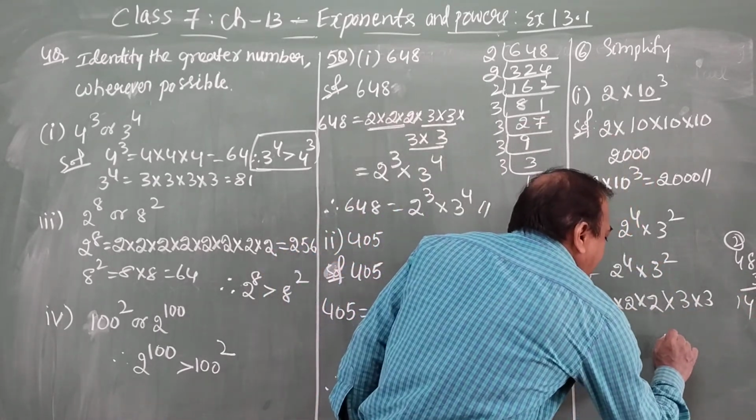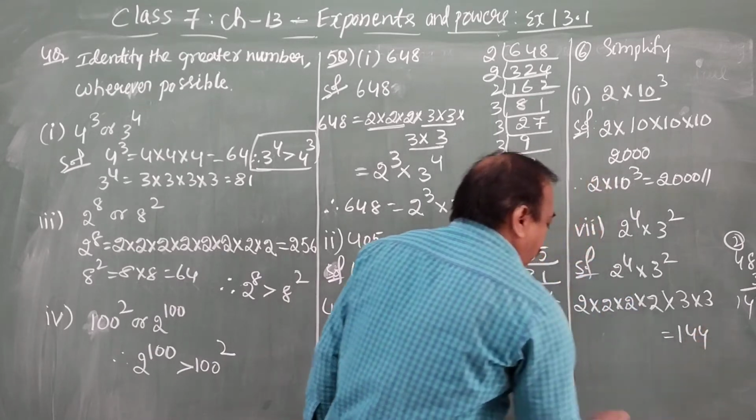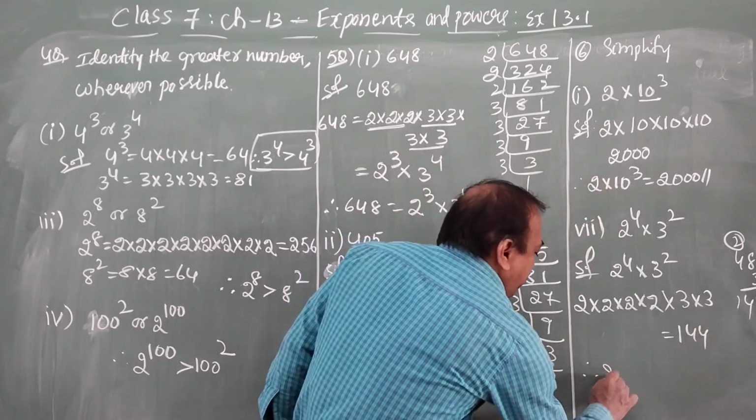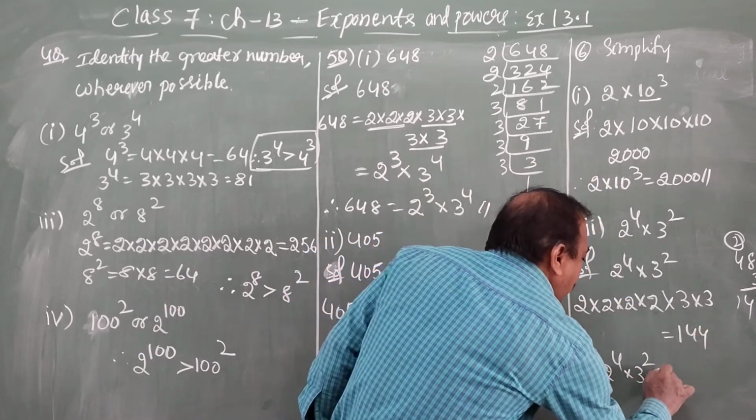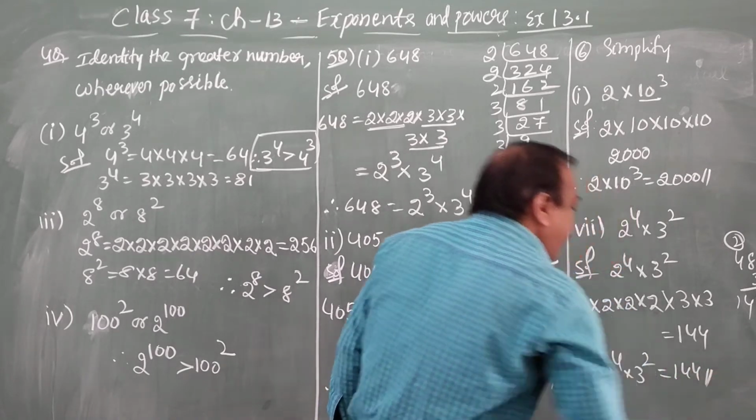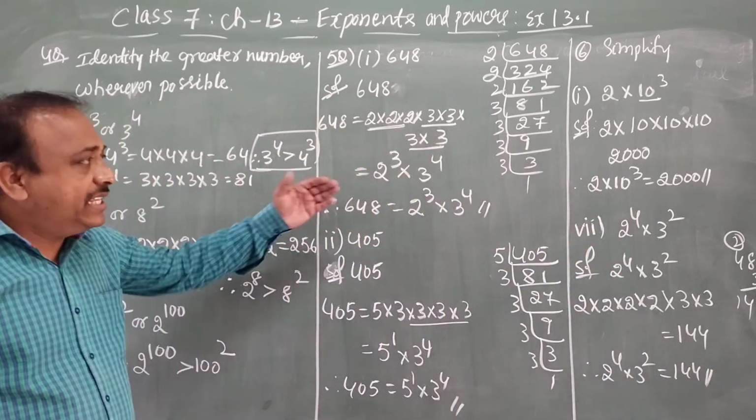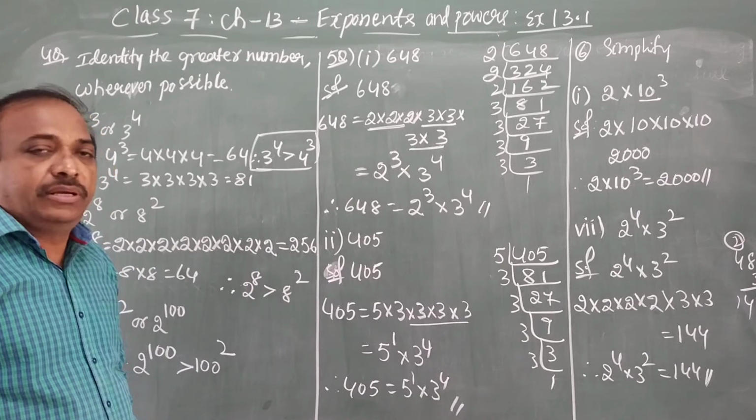So what we got is 144. Therefore, 2 to the power 4 into 3 to the power 2 is equal to 144. Like this, we will find the value. Is it clear?